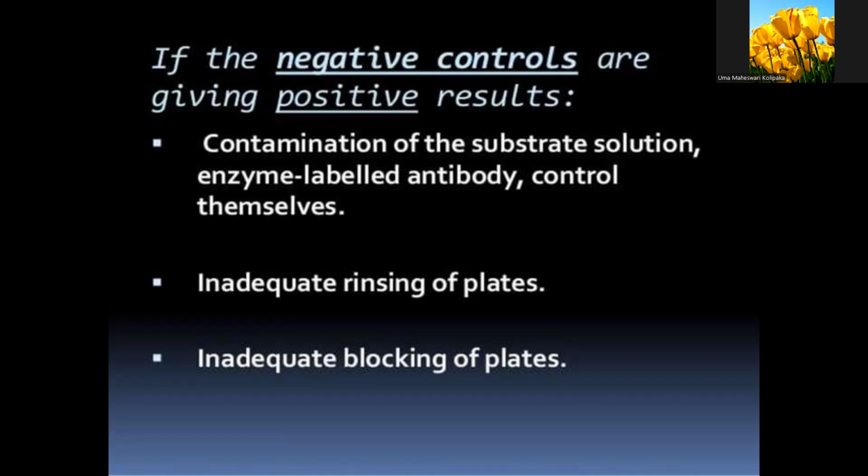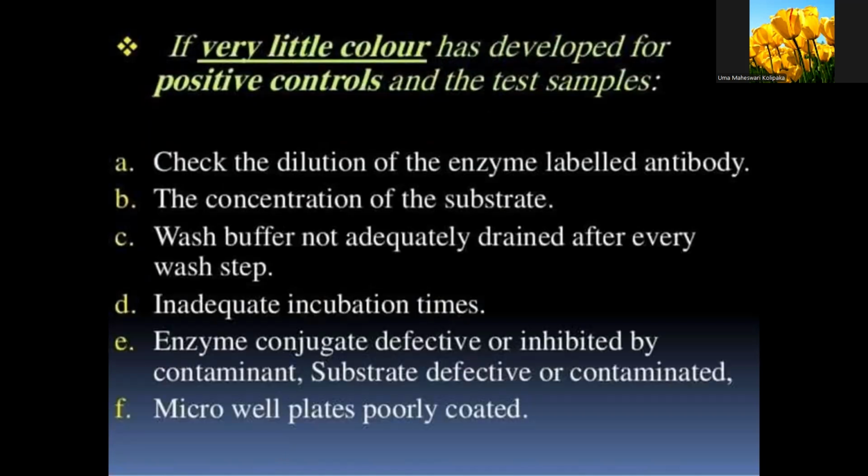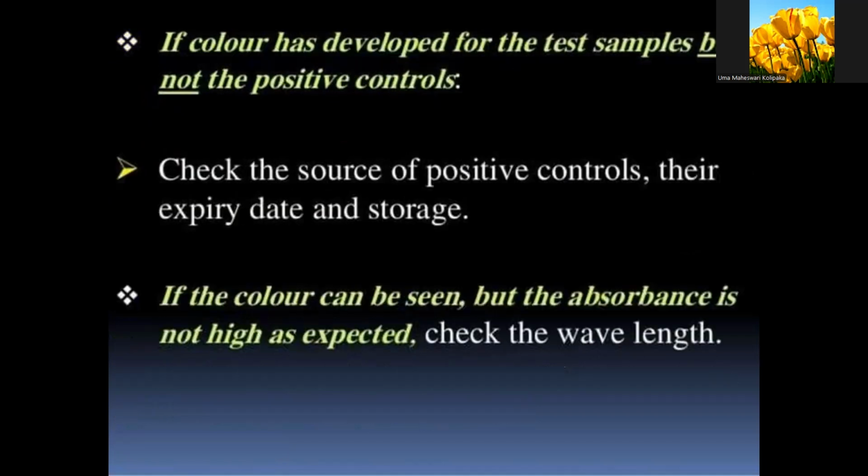Next, if very little color has developed for positive controls and the test samples, check the dilution of the enzyme labeled antibody, the concentration of the substrate, wash buffer not adequately drained after every wash step, inadequate incubation times, enzyme conjugate defective or inhibited by contaminant, substrate defective or contaminated, microbial contamination, plates poorly coated.